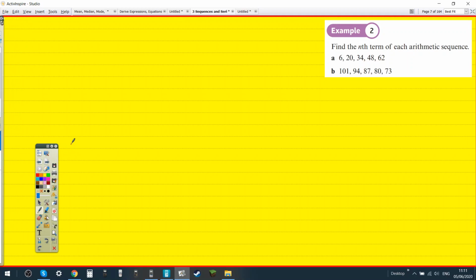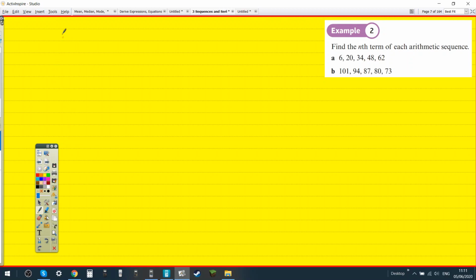Okay, nth term for these sequences. Would it be something like 14n plus 4? For the first one, yeah.